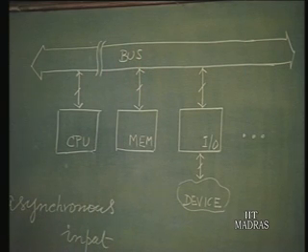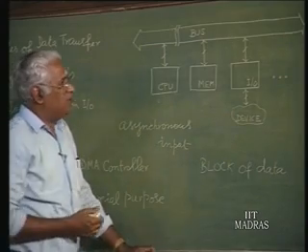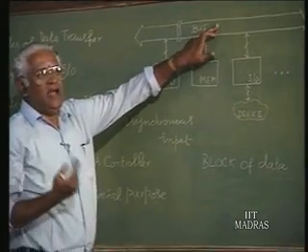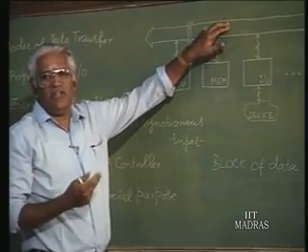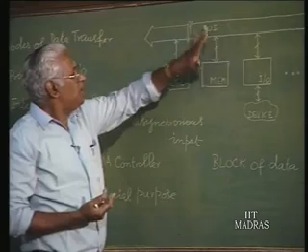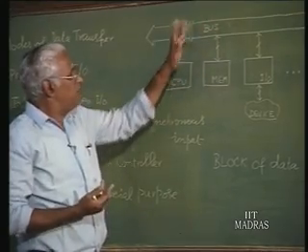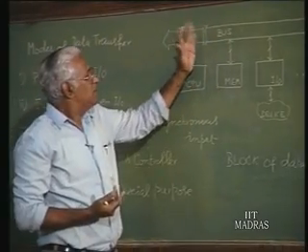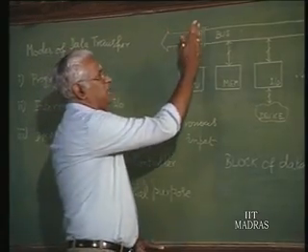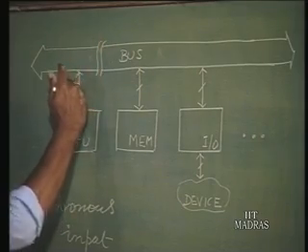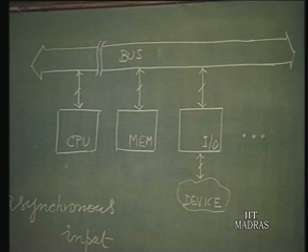Okay. I think I will draw another sketch possibly, because the address, control, data, all these lines can be used. Why? Because the bus is not in use by the CPU as such. The CPU is cut off, that is the essential thing.